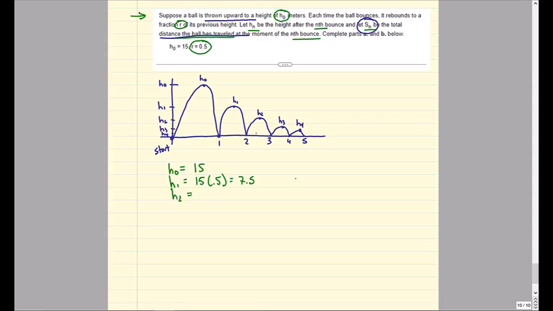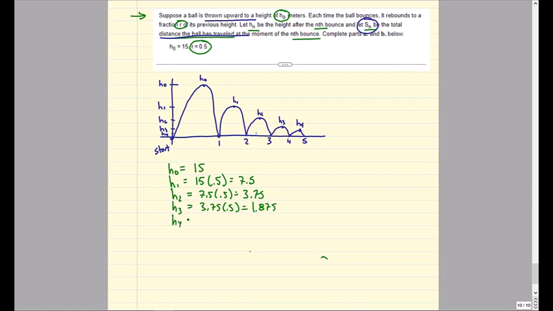And then h2 would be half of the 7.5, which would be 7.5 times 0.5. That doesn't seem right, I forgot the decimal, so it would be 3.75. And then h3 would be 3.75 times 0.5, and that would be 1.875.